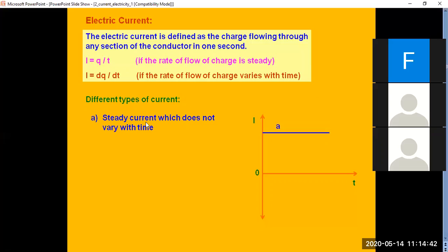What is steady? This current does not vary or change with time. So if there's a current which remains constant with time, we call it steady current.